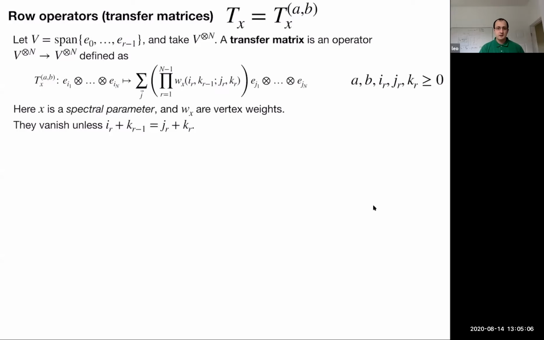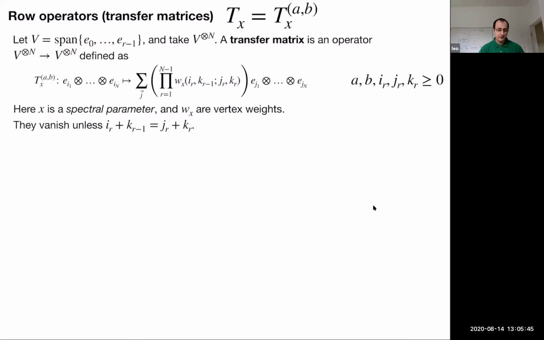In a more straightforward setting, transfer matrices are linear operators from a tensor power of a finite or infinite dimensional space, let's say finite dimensional space, and their matrix elements are defined on the standard basis of a tensor power by saying that the matrix elements should have a specific product form, which is interpreted as a product of vertex weights, so that the whole product is a weight of a row of vertices.